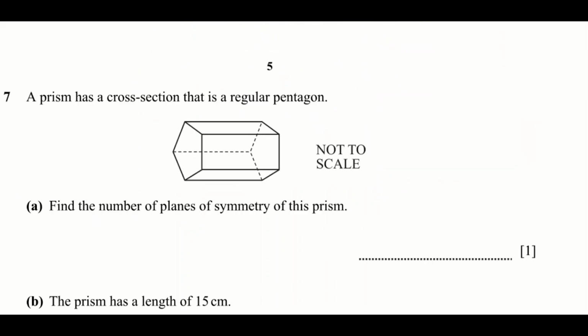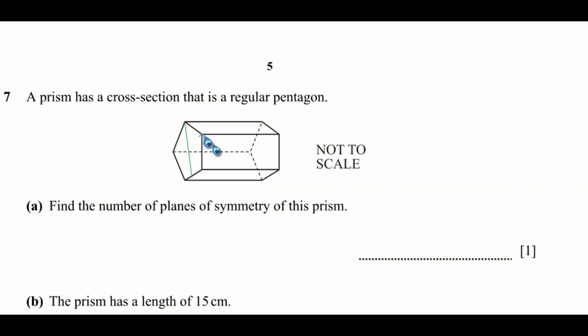So the next question is question 7. A prism has a cross section that is a regular pentagon. Okay, so find the number of planes of symmetry of this prism. Okay, so if you take the regular pentagon here, from this side you can have a plane like this, that will be 1.